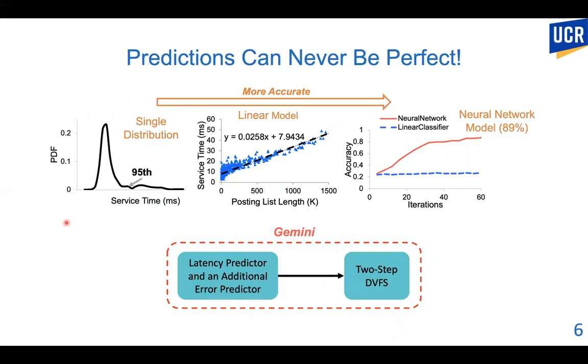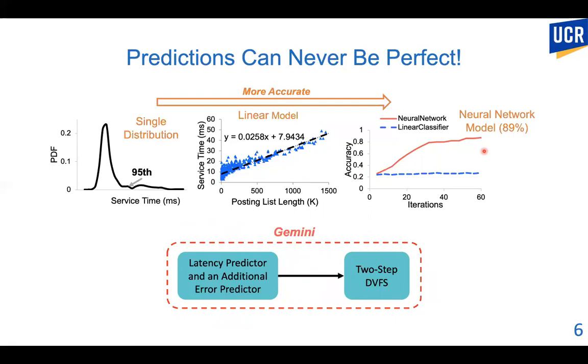In this paper, we tried different prediction models. For example, a simple linear regression model can yield a 27% prediction accuracy. However, even the most sophisticated model, a neural network, still cannot have 100% prediction accuracy. In the rightmost figure, it achieves the highest prediction accuracy of 89% after 60 training iterations.